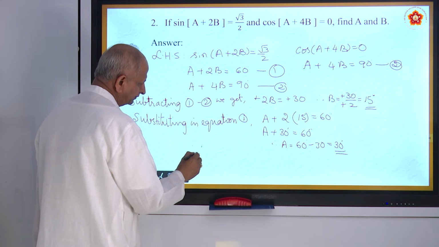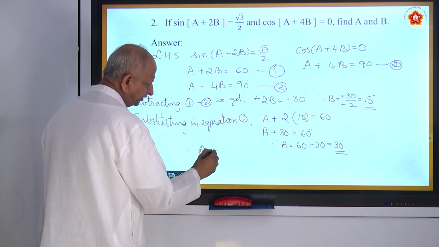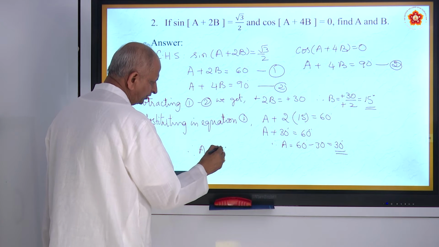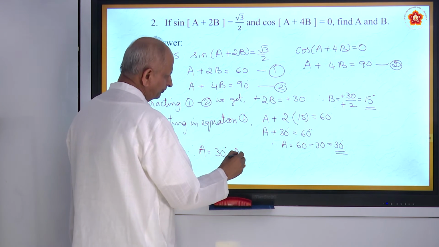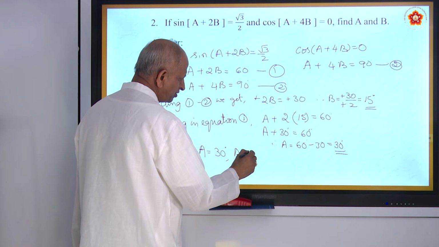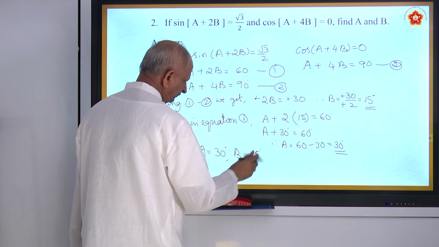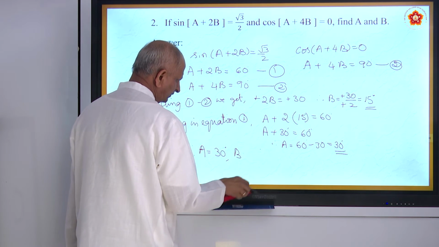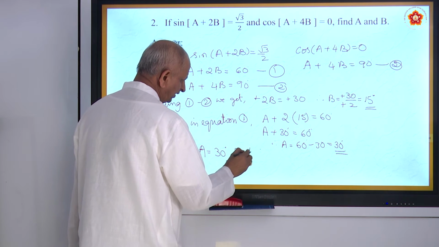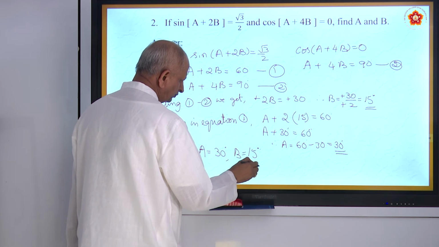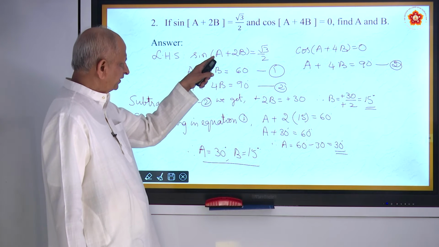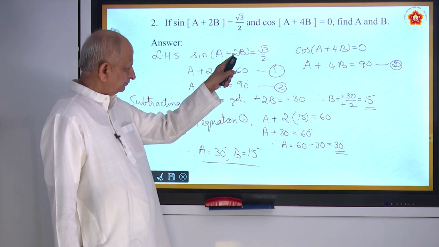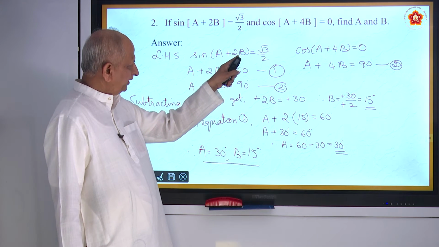So final answer. Always you must write the answer clearly. A is 30 degrees, B is equal to 15 degrees. You can apply it and check also. For example, here A is 30 plus 2b, 2 into 15, 30.